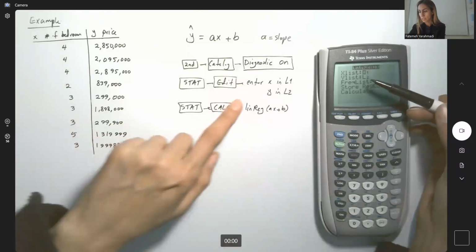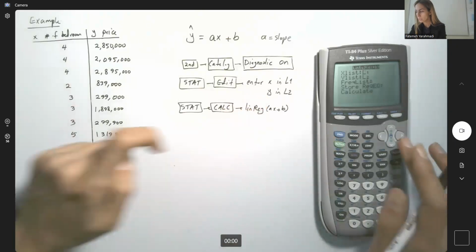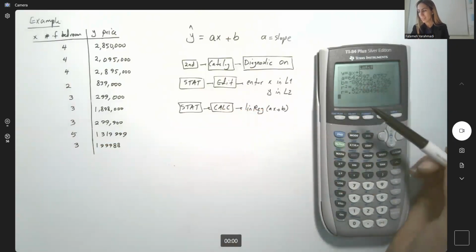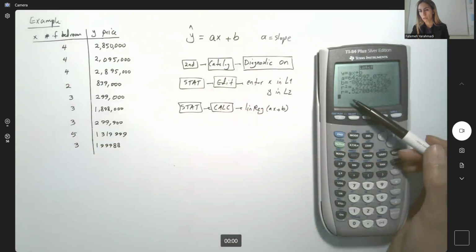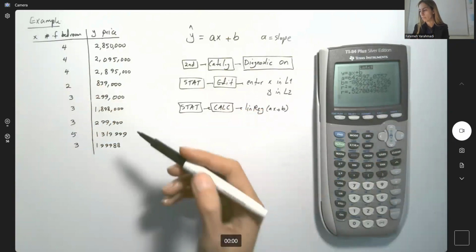My L1 has x values in it. My L2 has y values in it. So you go to calculate. Well, it calculated a regression line for you, and R, or the correlation coefficient, is not a good number. It means that we don't have a good association between these x and y values.